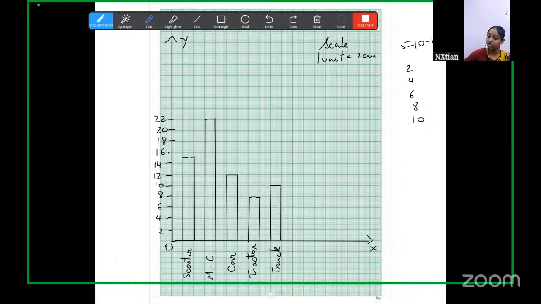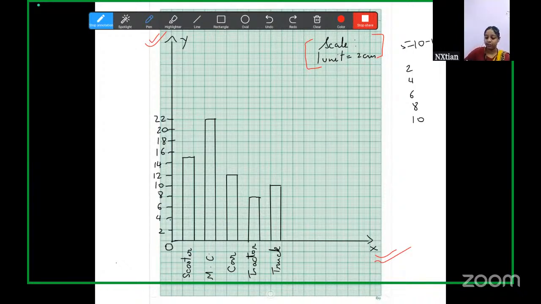When we are making the graph, make sure you are marking the x-axis and the y-axis. And this is the scale that we take. Different scales are there. 2 centimeter means 2, 4, 6, 8, 10. If we are taking 10 centimeter, it will be 10, 20, 30, 40, and so on. 5 is also taken, multiples of 5: 5, 10, 15, 20, 25. So those are the different scales that we take to make this graph.